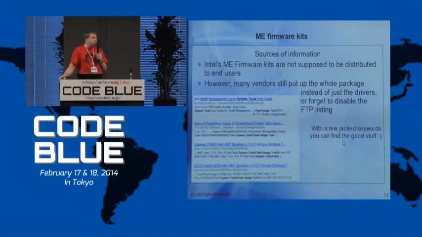So these are not supposed to be distributed to end users. However, many vendors are a bit lazy. They don't want to do too much work. So instead of extracting just the drivers, they put everything on the CD or everything on their FTP site. And so you can download it, and you have all the documentation from Intel, all the tools and everything.